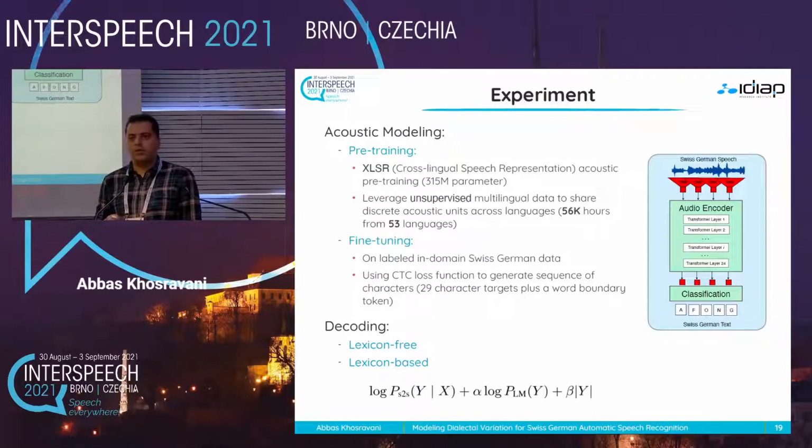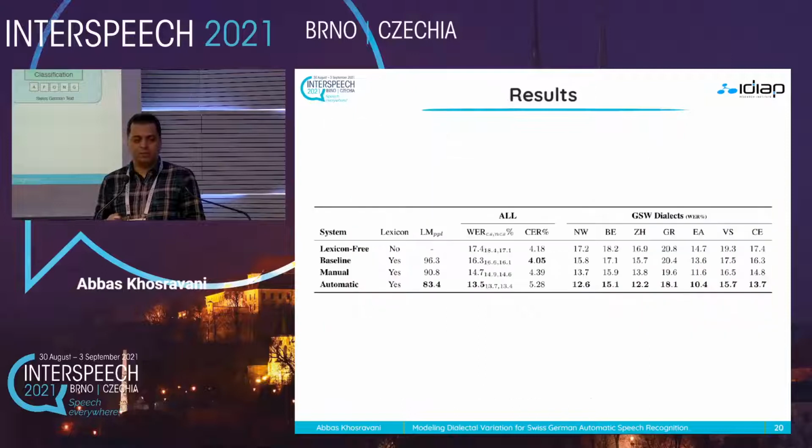So the decoding is both a lexicon-free and a lexicon-based approach. In the lexicon-free approach, we don't have the out-of-vocabulary problem, but in the lexicon-based approach, we try to limit the vocabulary to a specific lexicon. And then we pass through our acoustic model and then the language model to generate the score.